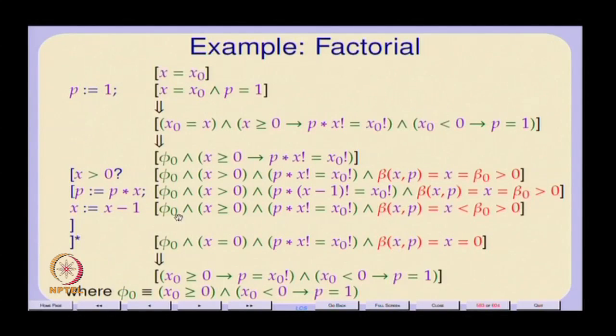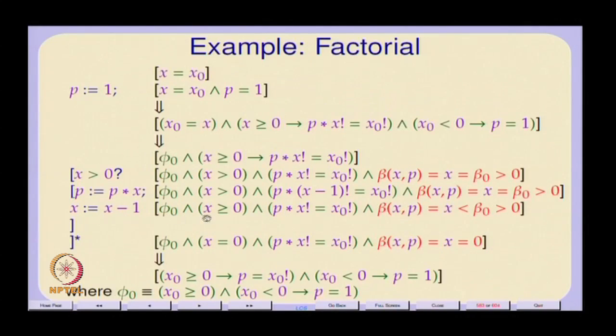So what happens here is that I am replacing. If you take p star x factorial equals x naught factorial, then this assignment is x is assigned x minus 1, right. So if I replace x by x minus 1 syntactically, then I get this one. Notice that in this case I have maintained this invariant portion.